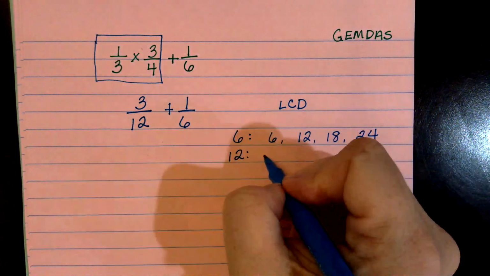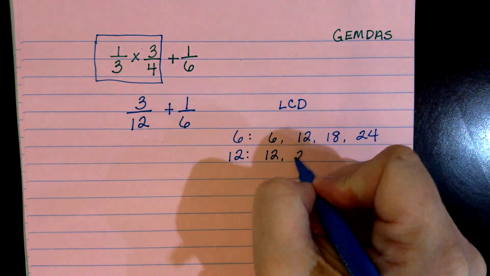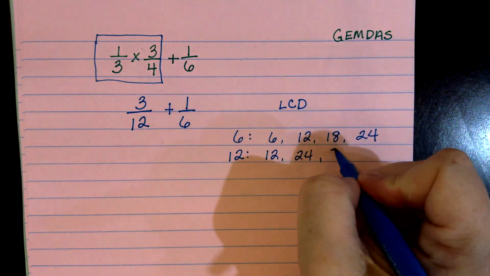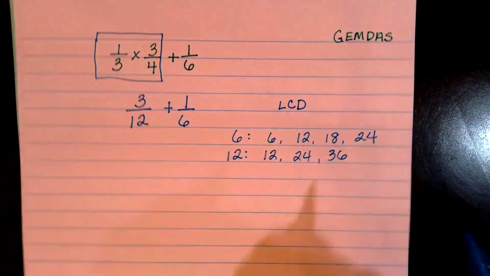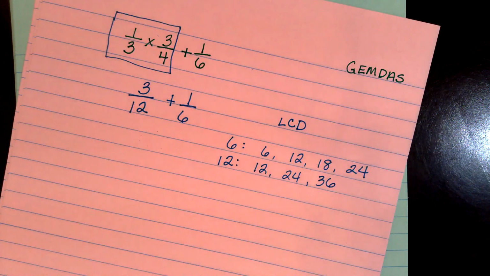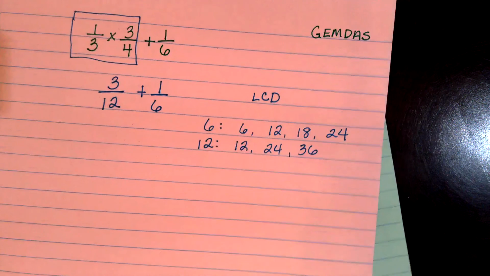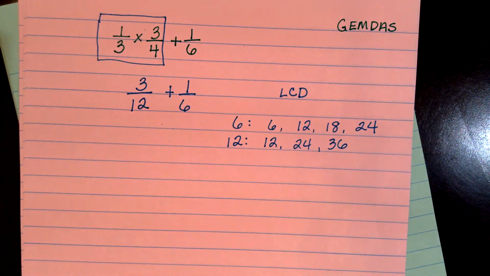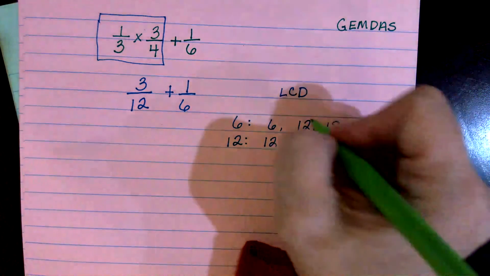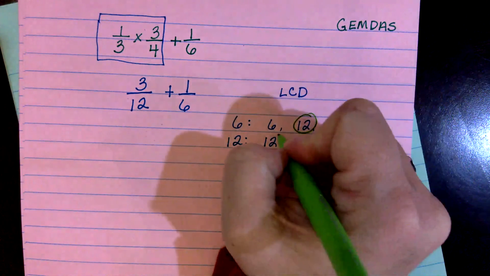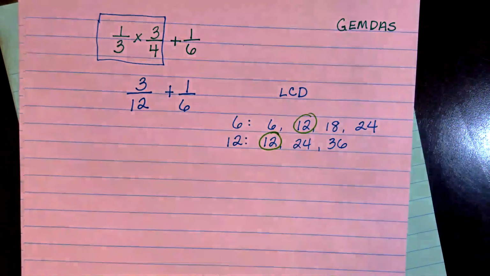And now we're going to do 12s. It's 12, 24, 36. Remember that we're looking for the least common denominator. So we're looking for the lowest number that 6 and 12 share. For this specific problem, 12 is going to be our least common denominator.